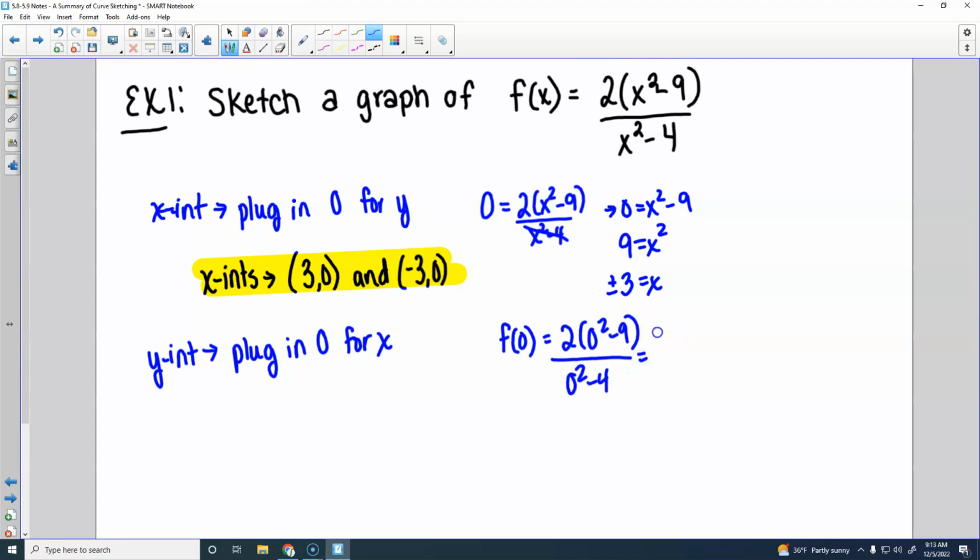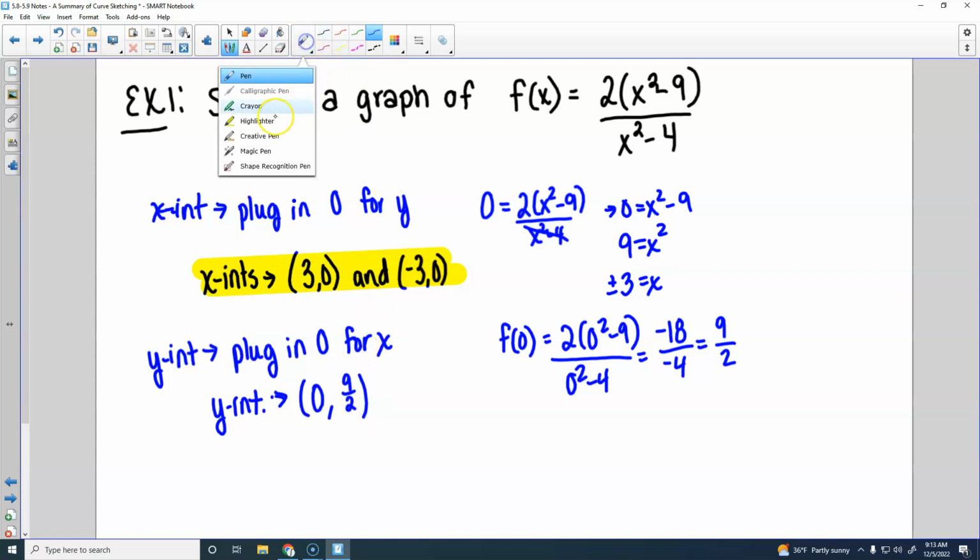This is going to give me negative 18 over negative 4, which will be 9 halves. So my y-intercept is going to be at 0, 9 halves, or 0, 4.5.